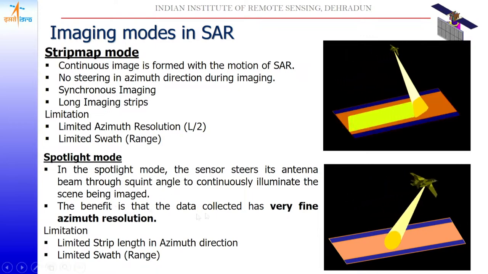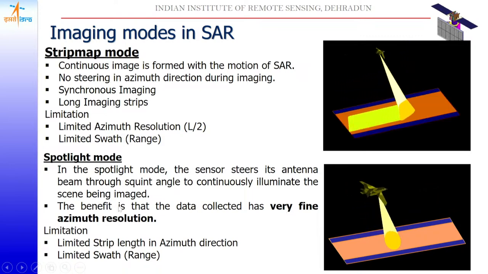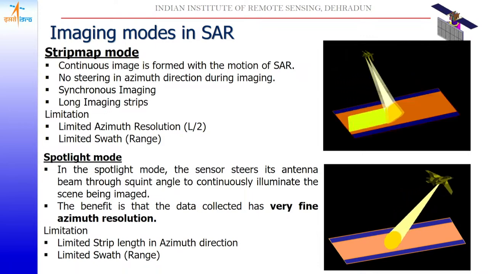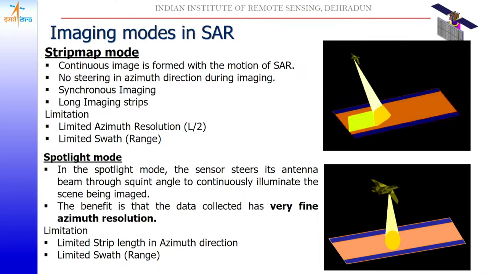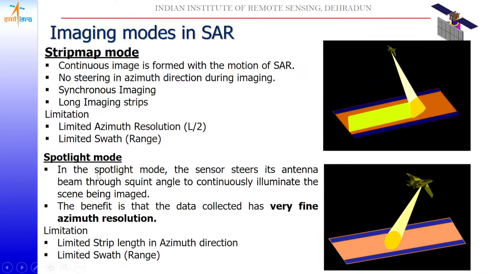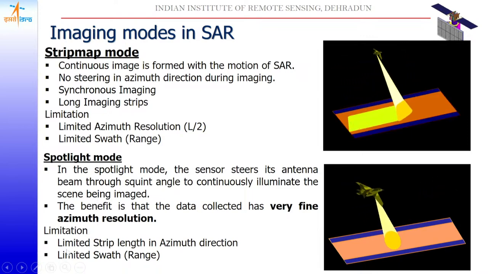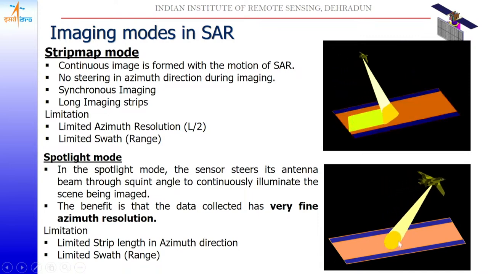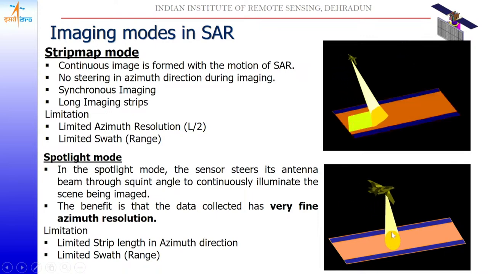So the benefit is the very fine azimuth resolution. These three modes have different resolutions in both range and azimuth, and they have some merits and demerits. The merit of the spotlight is that we get a much higher resolution, but the limitation is that because it is seeing a limited surface, we have a very limited azimuth swath.